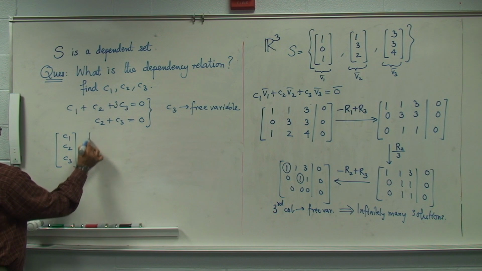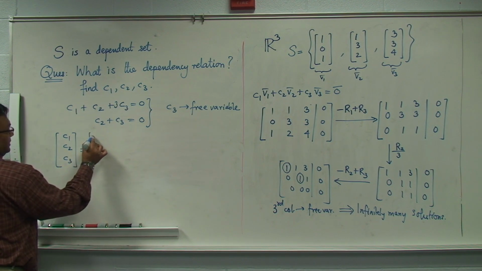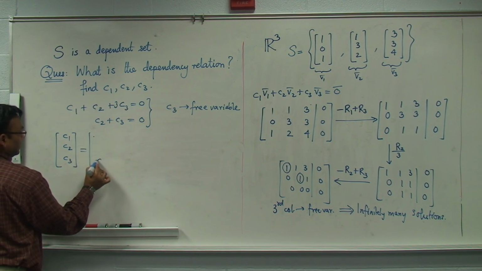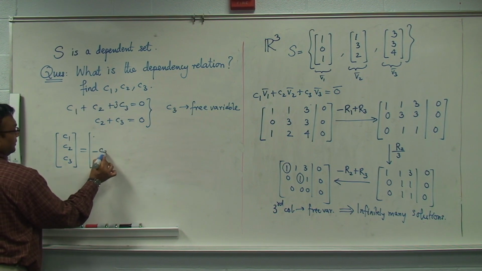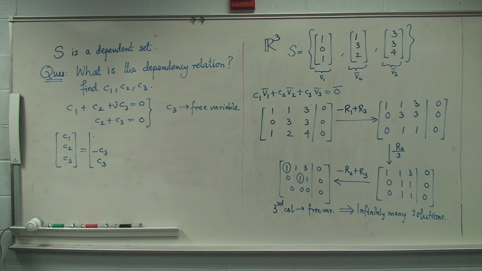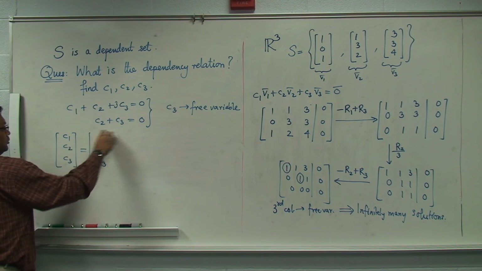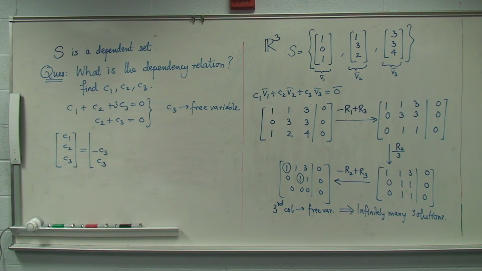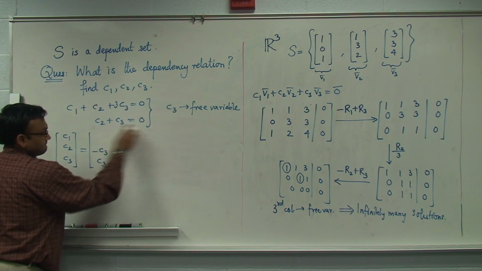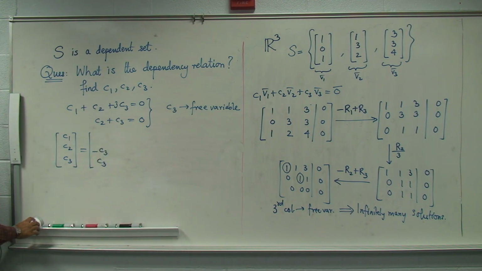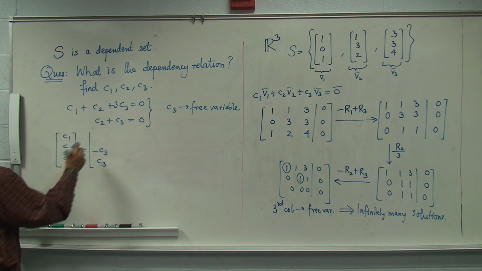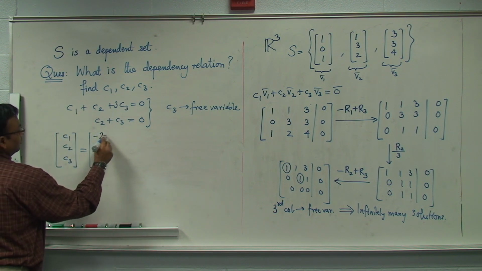So we can write down everything in terms of the free variable. So C1, C2, C3: this one remains C3, this one is minus C3, and if I plug in the values of C1, C2 and C3 in the first equation, we will get what we want. So C2 is minus C3, so this will give me minus 2C3.